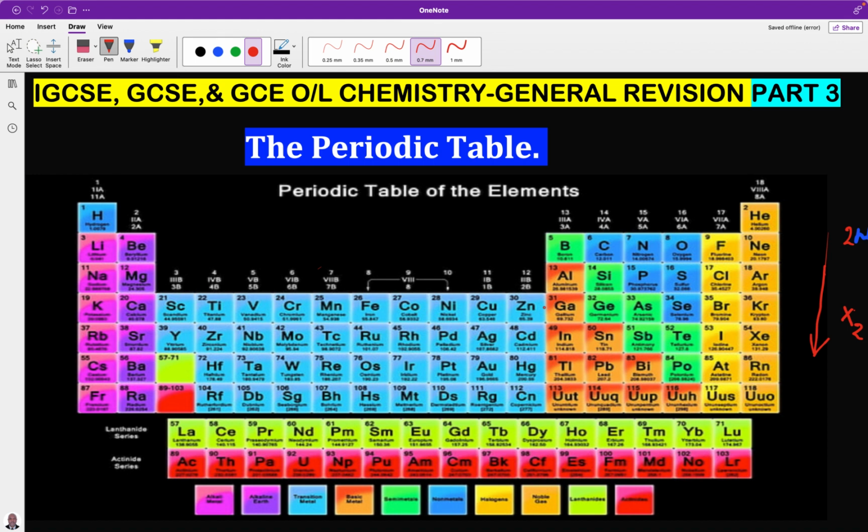I told you that these metals, from scandium to zinc, have some unique properties, unique characteristics that are only identified by them.